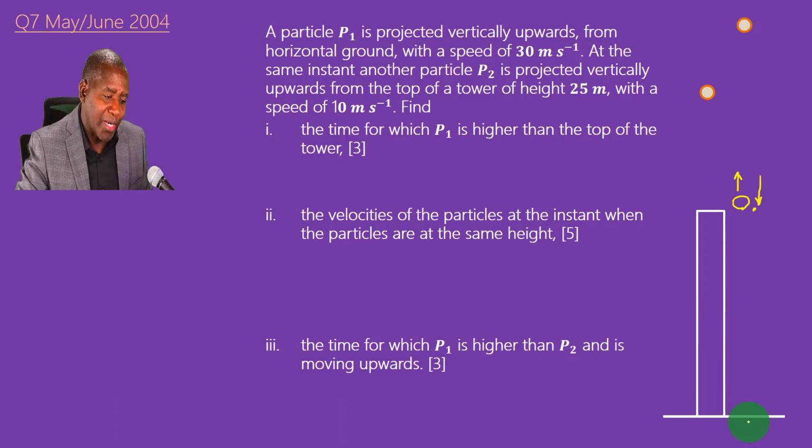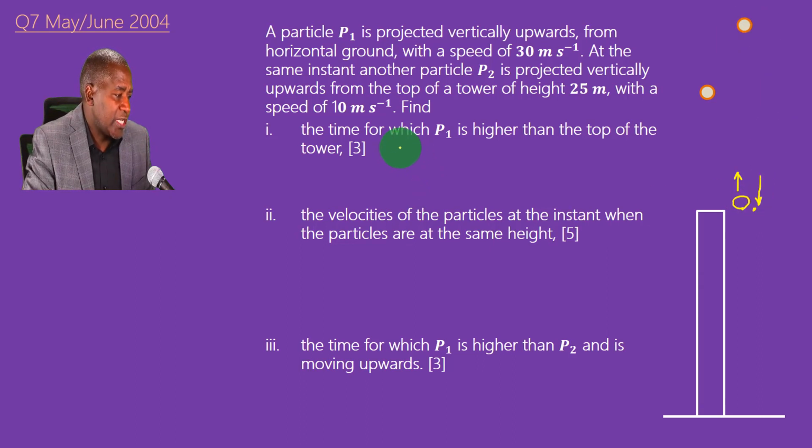What is time 1? Time 1 is when it moves from here all the way to that point. What is time 2? Time 2 is when it moves from here all the way, reaches maximum point, and then comes back here. You can see that by subtracting time 1 from time 2, I will get the time it takes to be on top of that tower.